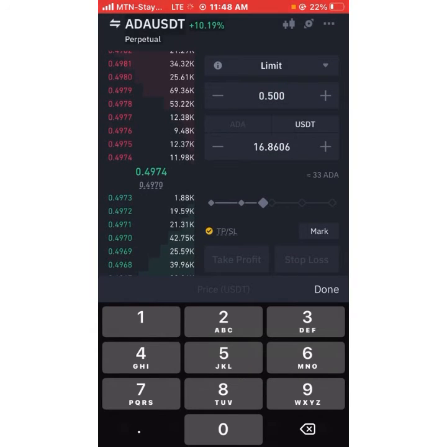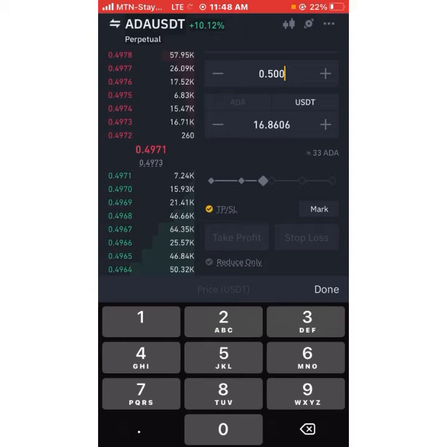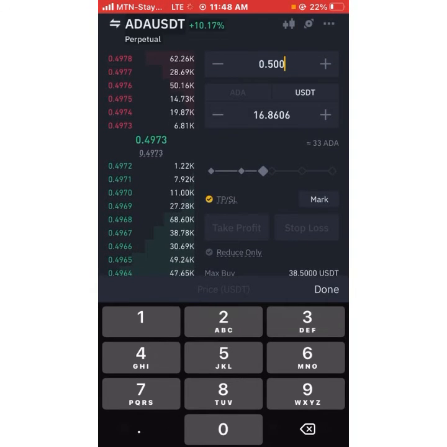Okay, I've set the price at that, hoping that it's going to increase to that particular point. That is when I want to buy it. When it gets to this particular price, this is when I want to buy it. Okay, just get what I'm trying to say.